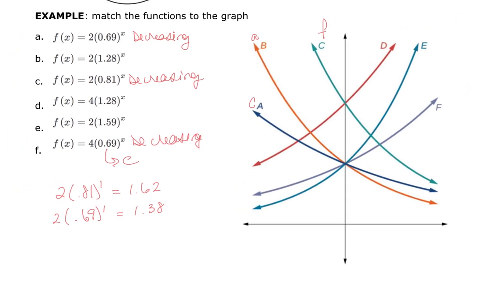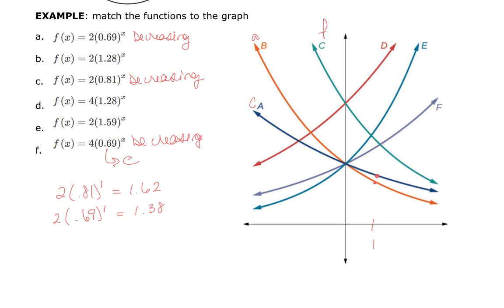So as we come over here, here's approximately 1. That 2 times 0.81 is 1.62, so that would be this one. And then 2 times 0.69 is 1.38, so that would be that one.